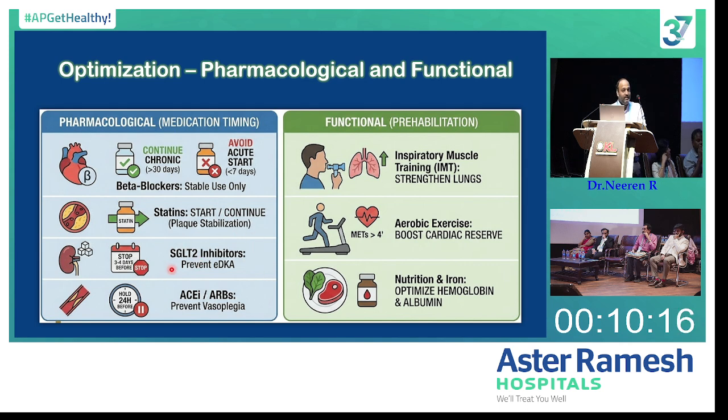So it is always better to stop SGLT2 inhibitors at least 3 to 4 days before an elective surgery. And you also need to continue statins and beta blockers, especially when they are used chronically. You should also try to improve the functional status of a cardiac patient whenever you are planning an elective surgery. Try to increase their inspiratory muscle strength, advise aerobic exercise wherever possible, and also optimize their hemoglobin and albumin.